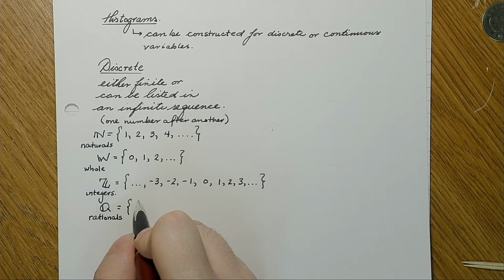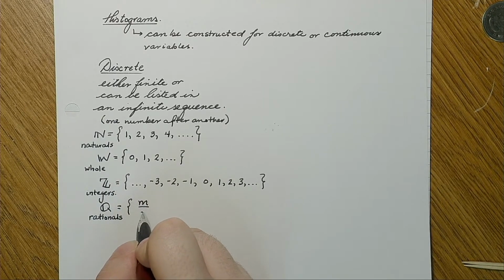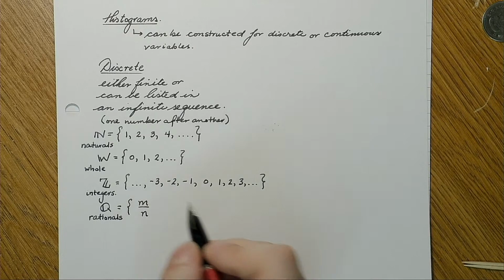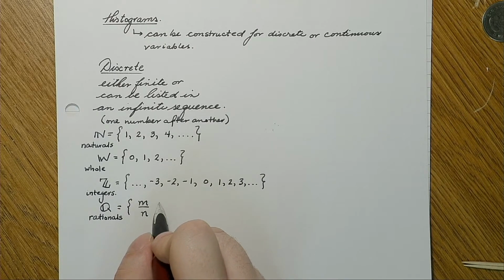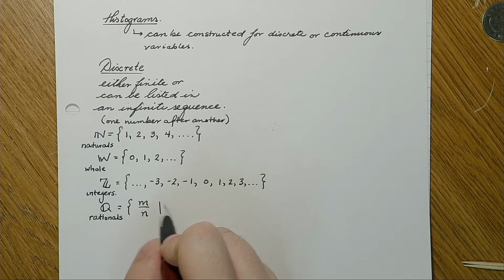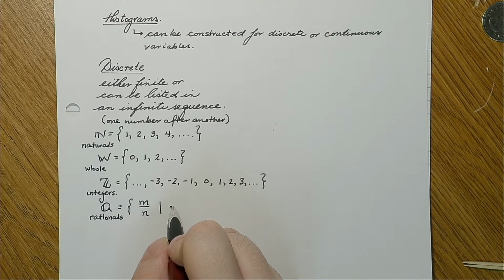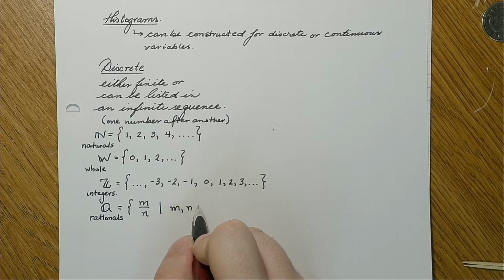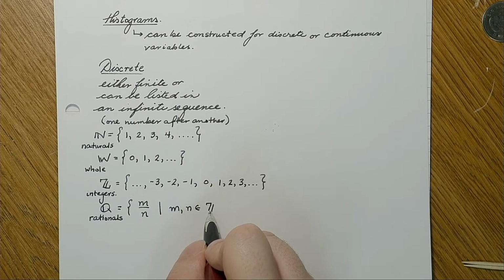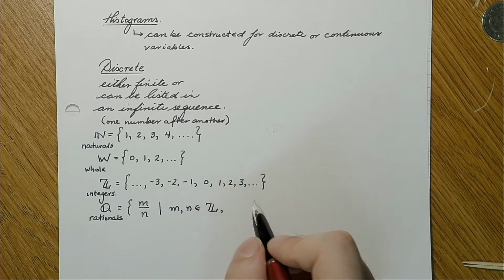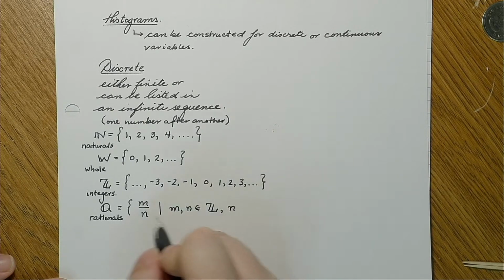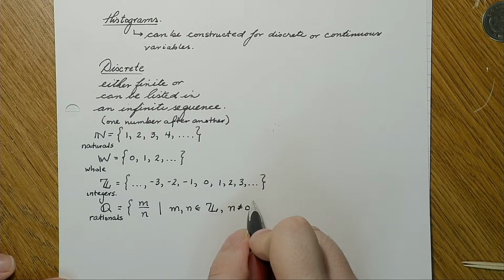But the rationals are quotients, or you can think of them as fractions, the fractional numbers. So they're fractions, and those fractions are, let's say, any number m over n, such that m and n are in the integers, and that we can't have that denominator equaling 0.